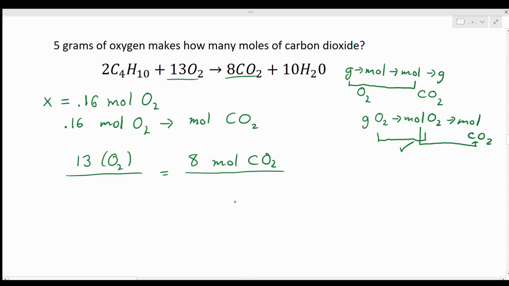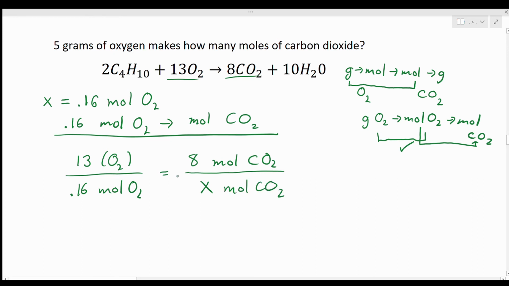Okay. And so here we have oxygen on the left side. So on the bottom will be our conversion, which is 0.16 moles of oxygen is some number, we'll just call that x because it's unknown, moles of carbon dioxide.